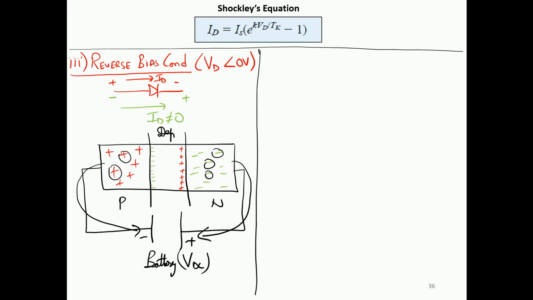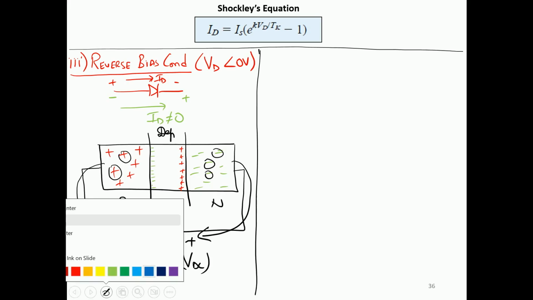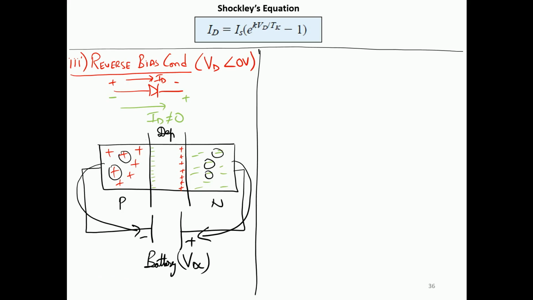So what do you think is going to happen? Obviously the depletion layer will now get wider, because the electrons from both sides are getting extracted and coming inside the respective battery terminal. So the depletion layer now gets wider and wider, and when this happens, the current is unable to flow, the drift current is unable to flow.